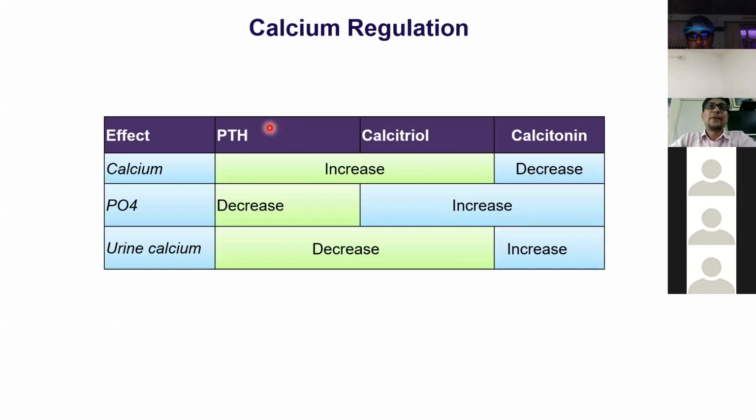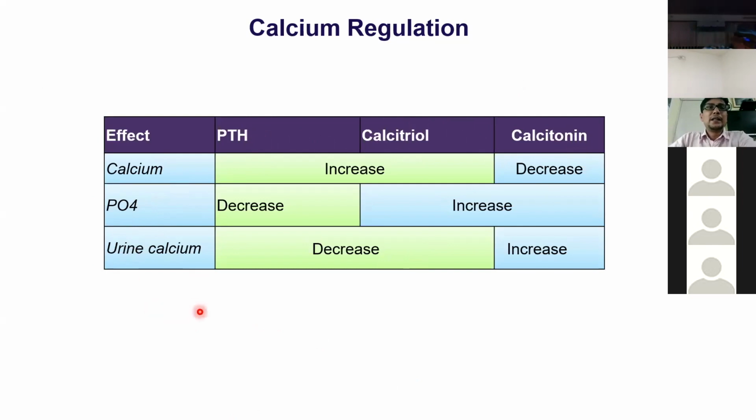Here is the effect of PTH, calcitriol and calcitonin on various factors like calcium, phosphate and urine calcium. Parathyroid hormone and calcitriol, when high, increase calcium in our body, while calcitonin decreases it. PTH decreases the overall phosphate level by increasing its renal excretion, while calcitonin and calcitriol increase it, calcitriol by increasing gut absorption of phosphate.